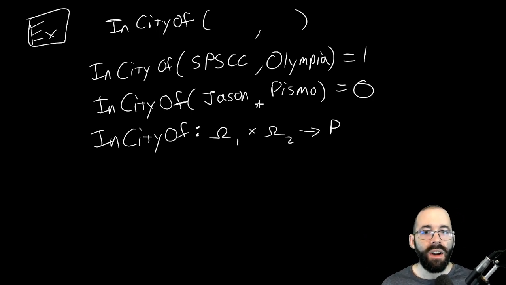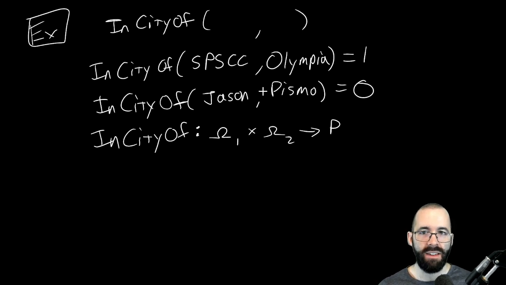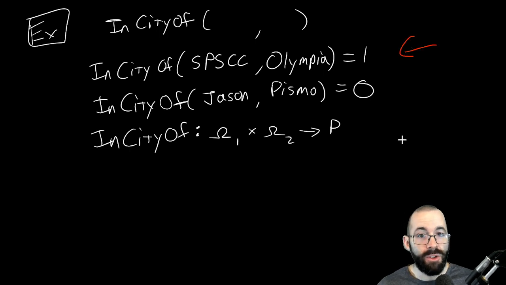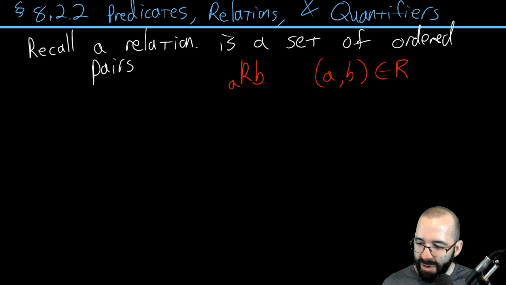So from any predicate, and especially easy to see with predicates of two inputs, you can very naturally define a relation, where A is related to B if the truth value is 1. So that's really, really exciting.